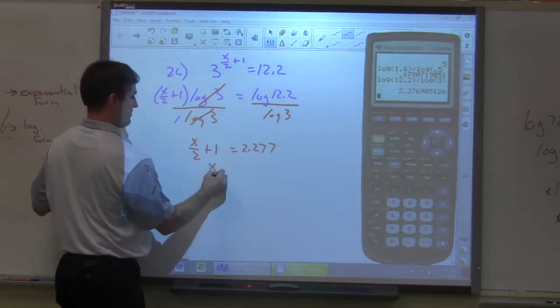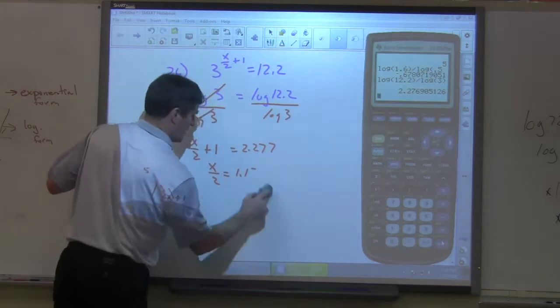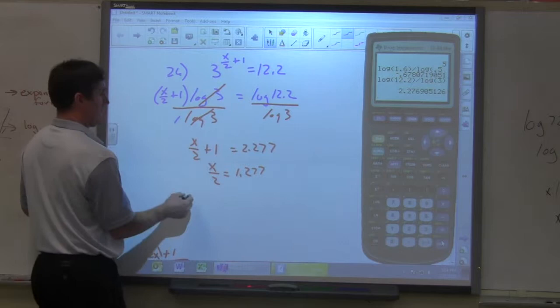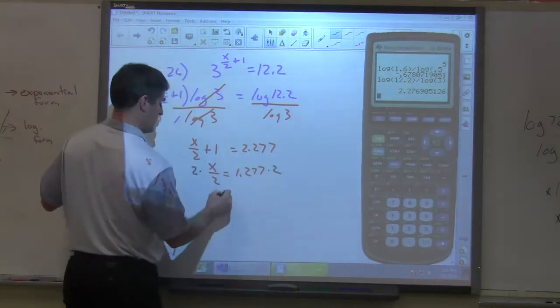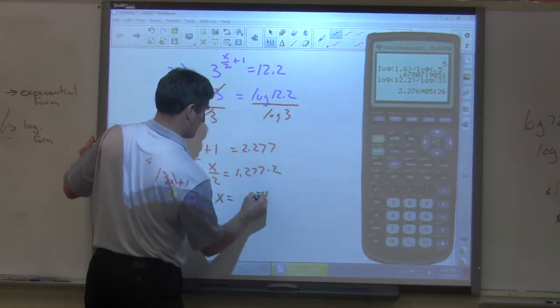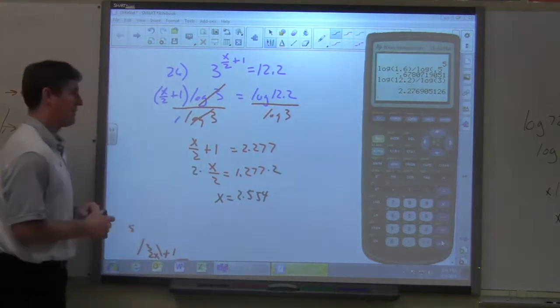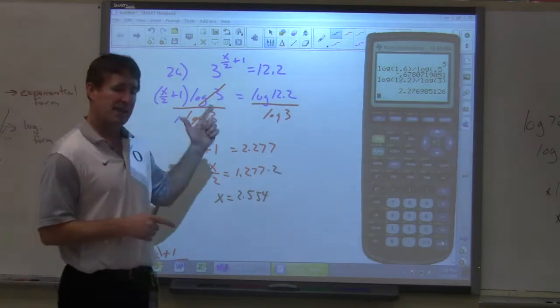Subtract 1. 1.277. And then it's divided by 2, so we multiply both sides by 2. 2.554. And we're done. So again, all important is deciding where the variable is.